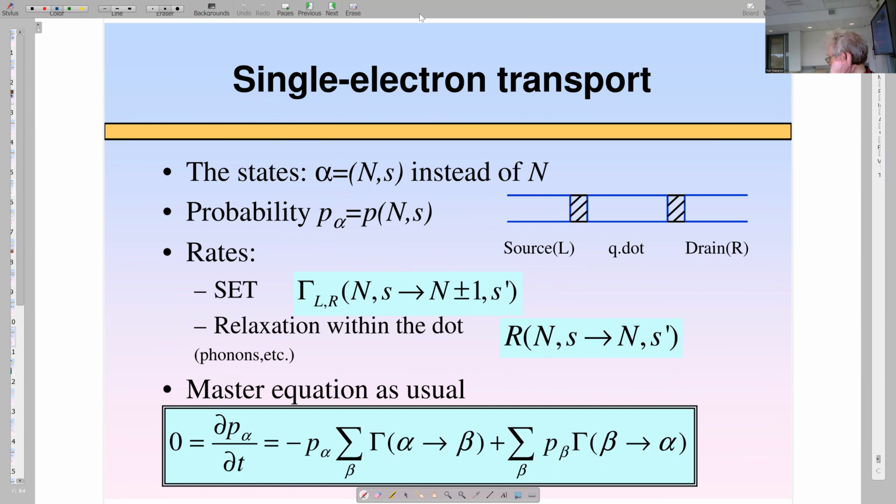Let us see what has changed with respect to the situation with Coulomb islands when we neglect level quantization. One has to care not only about the total number of electrons, but also about the concrete state of the dot in the configuration with given n, which makes it a bit more complex than for Coulomb blockade circuits.